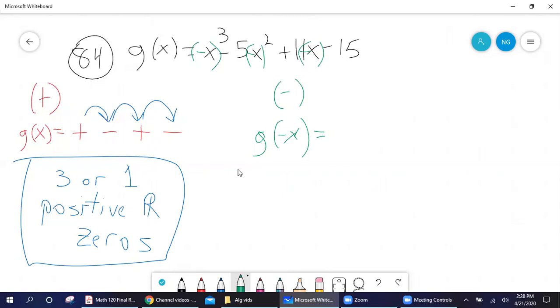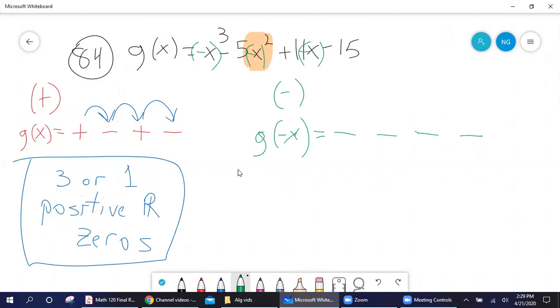Well, negative x cubed would be negative. Negative x squared, though, the negative would go away, so it doesn't change. The 5 already had a negative on it, so that would stay negative. 11 times negative x would switch that over to a negative sign. And then I've got my constant, which is negative.